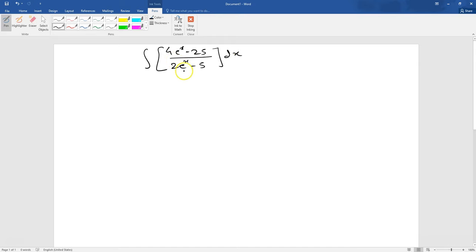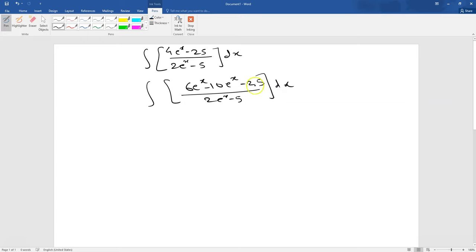We should try to adjust this 2 e raised to x minus 5 in the numerator. This can be simply done like 6 e raised to x, let me write 6 e raised to x, minus 10 e raised to x minus 25 upon 2 e raised to x minus 5.